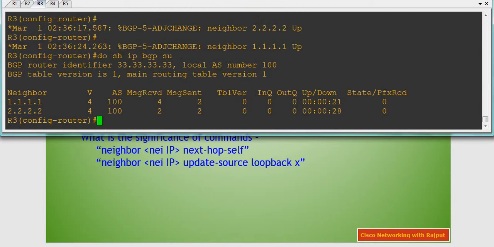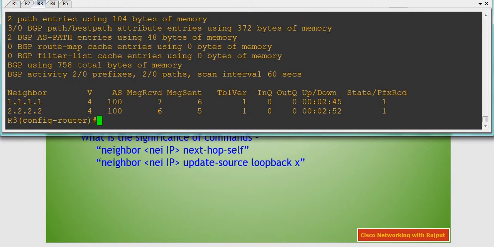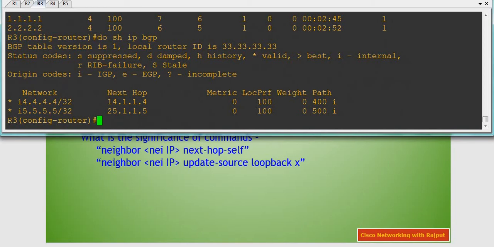Let us check router 3 as well. Router 3 has two iBGP sessions with router 1 and router 2, it has got two prefixes learned from router 1 and router 2. Show ip bgp.